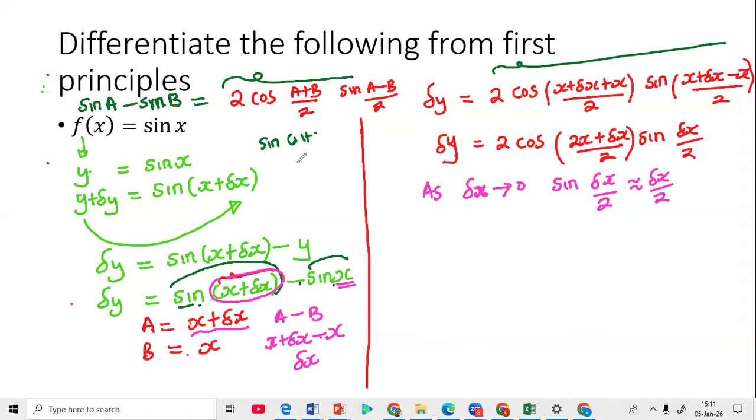So whenever we have sine of small change in x, it is approximated to that particular angle. So where we have sine of this, we replace it with this.